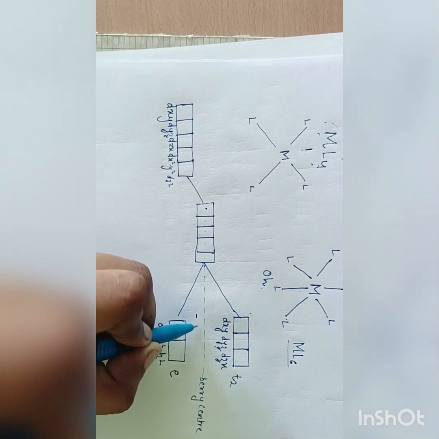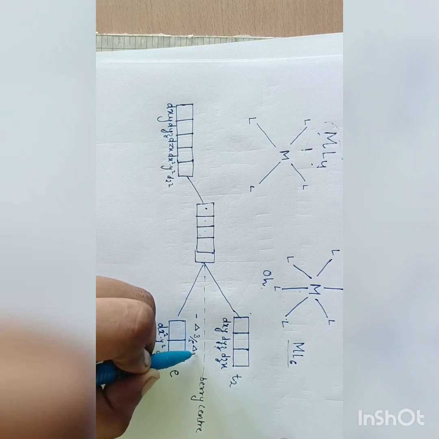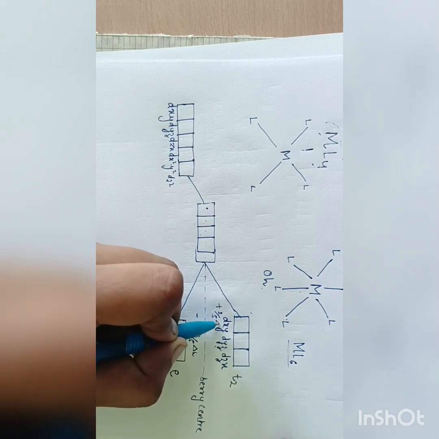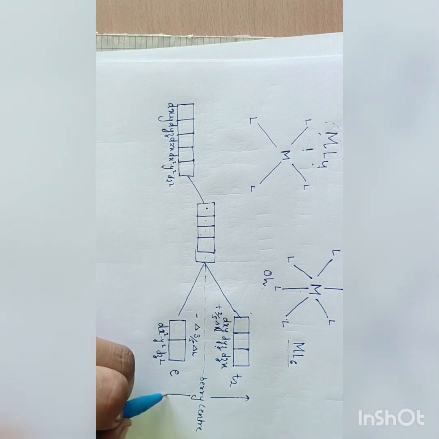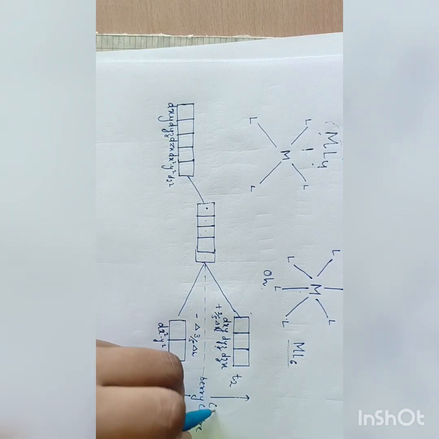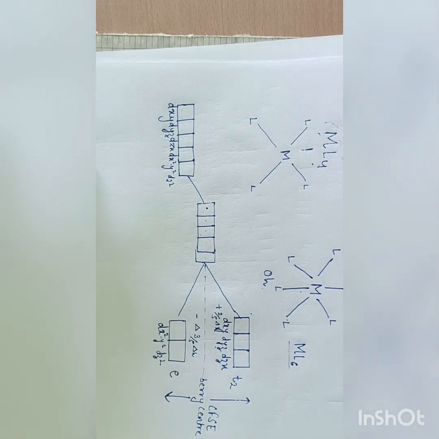This will be minus 3 by 5 delta t, and this will be plus 2 by 5 delta t, and the difference between the energies of the orbitals is called CFSE. Again, it is called CFSE, the crystal field splitting energy or crystal field stabilizing energy. So this complete representation is for octahedral and tetrahedral complexes.